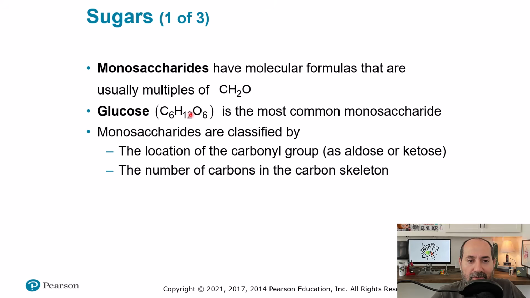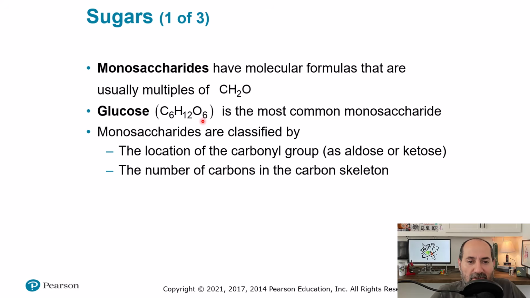So for example, glucose is a monosaccharide. It's a very common monosaccharide. And its molecular formula is C6H12O6. So you see that? That's an example of what I mean by a multiple of CH2O. You see how there's twice as many hydrogens as there are carbons or oxygens?